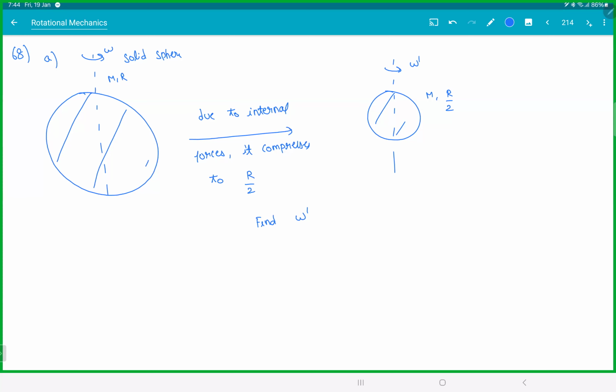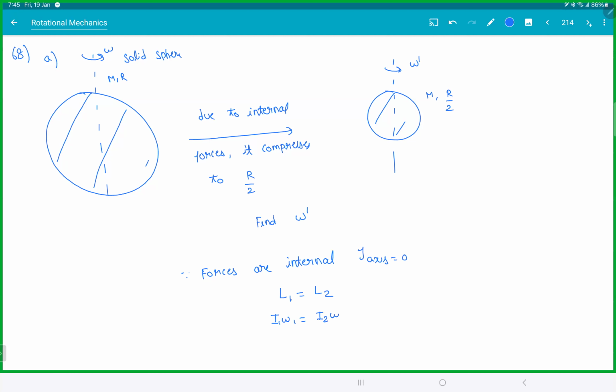Yeah. So if you see, internal forces do not change momentum. Since forces are internal, the torque about that axis will be 0. L1 is equal to L2.